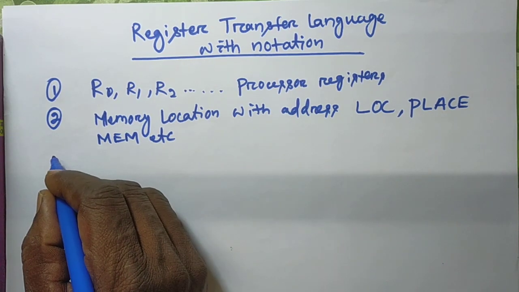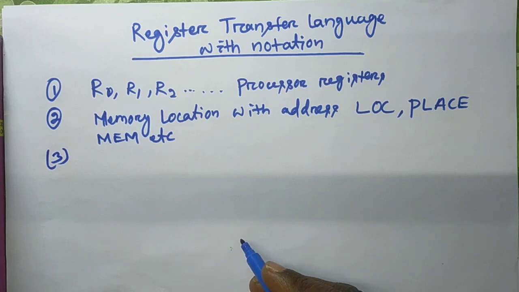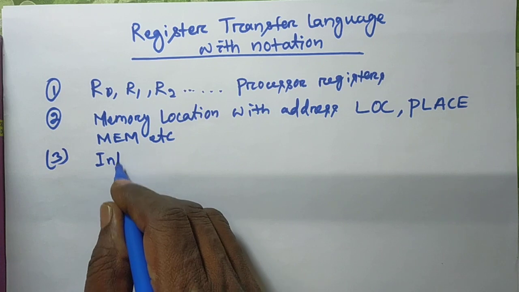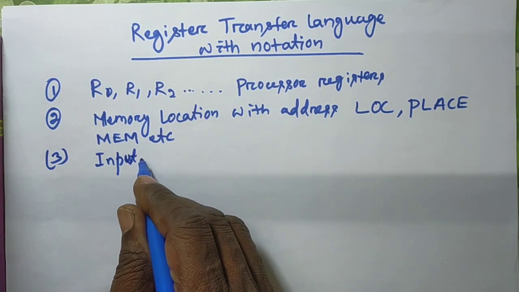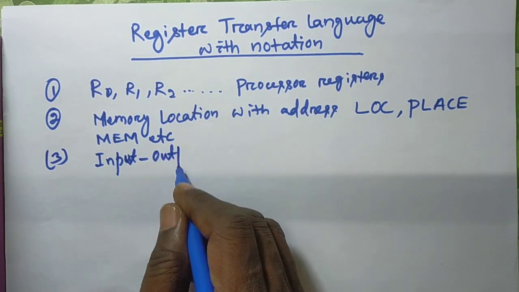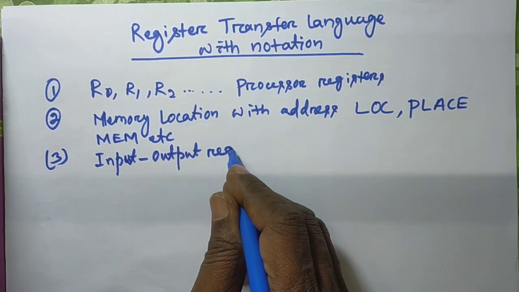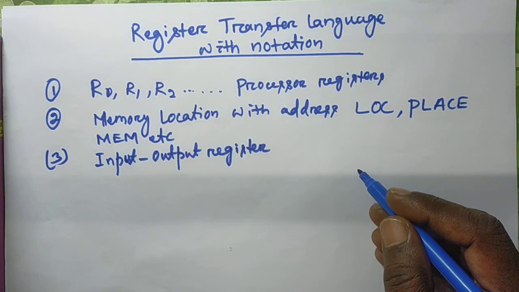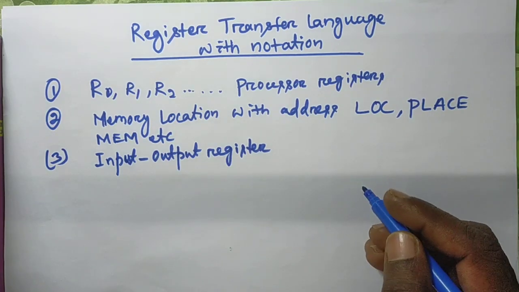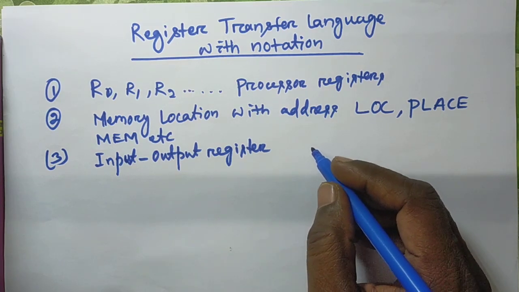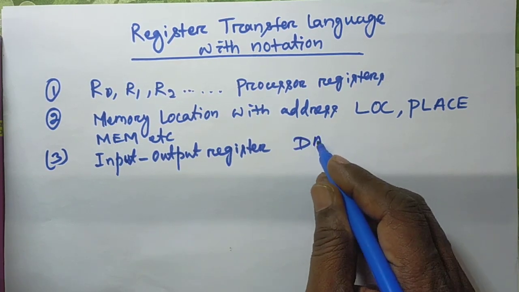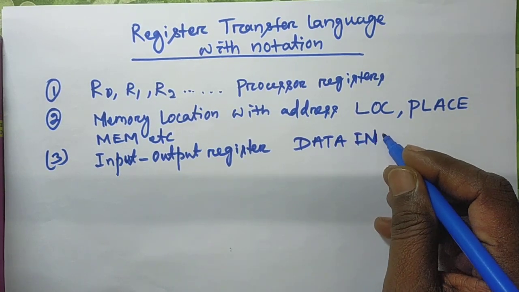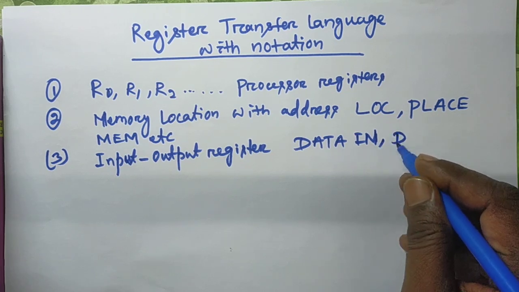A third kind of notation we can use is for the input output register. Input output registers are represented by notations like data in and data out.